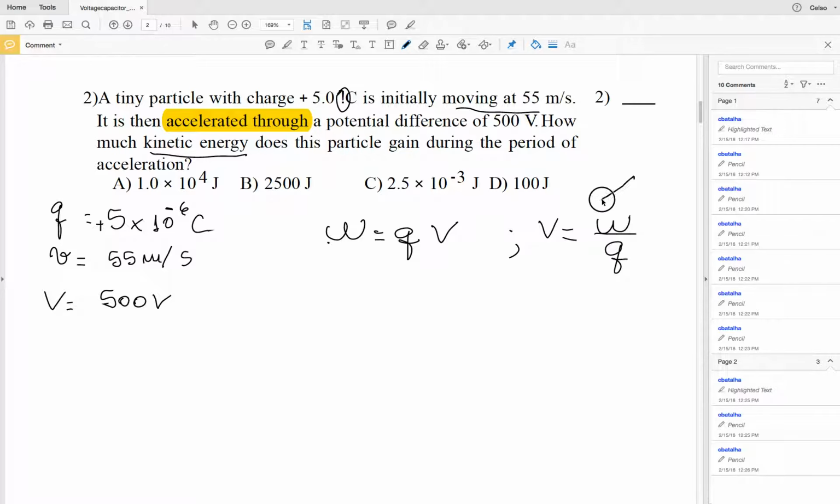So no matter which equation you want to use, it's all good, right? They are basically the same equation. So if you want to find the energy, it's pretty much getting the charge that is given and multiplying by the voltage.